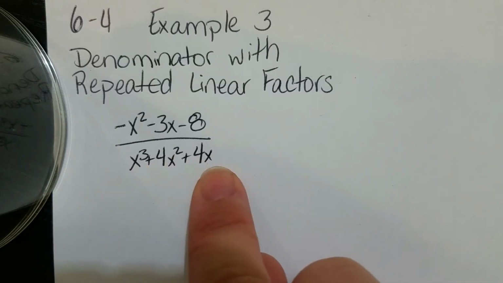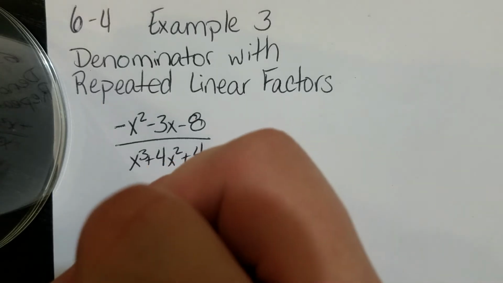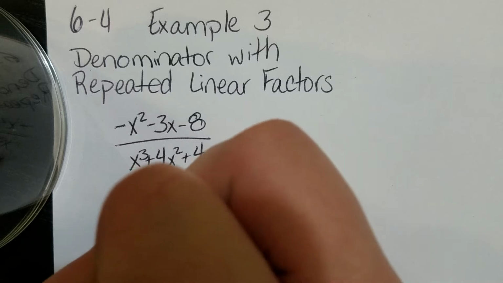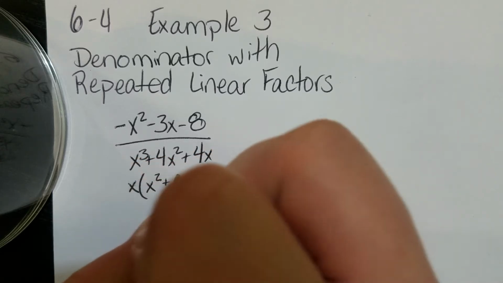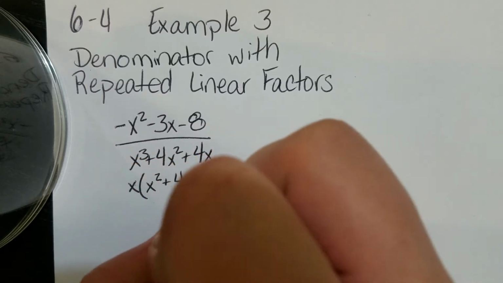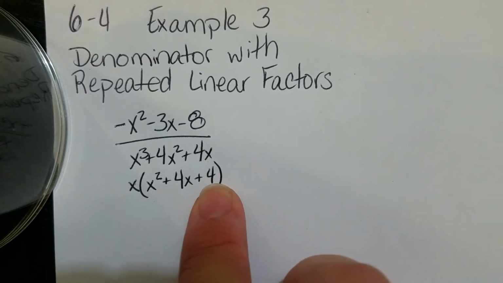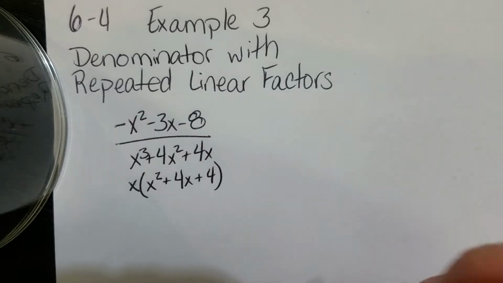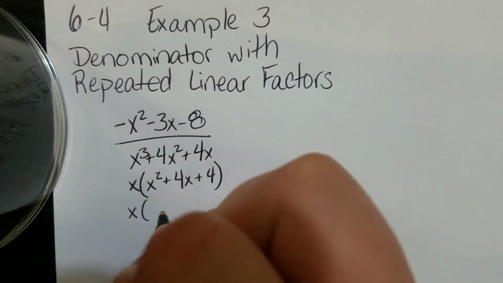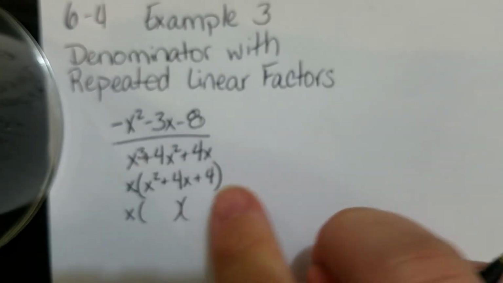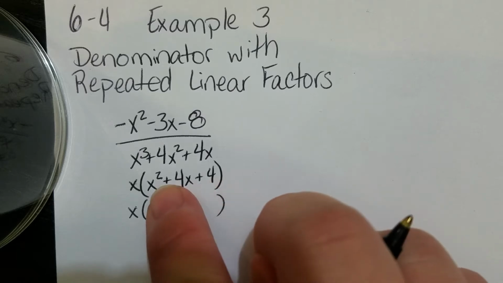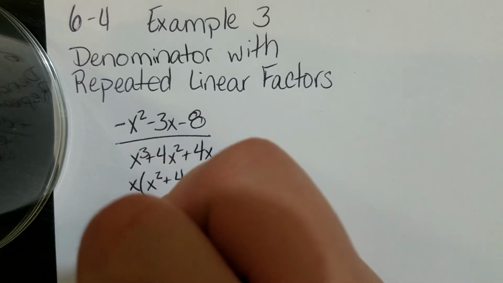So the first thing I notice is that this has a common factor of x. And when I pull that out, I'm going to be left with x squared plus 4x plus 4. And that can still be factorized further. Let's see, I need two things that multiply to 4 and add up to 4. So it's going to be 2 and 2.